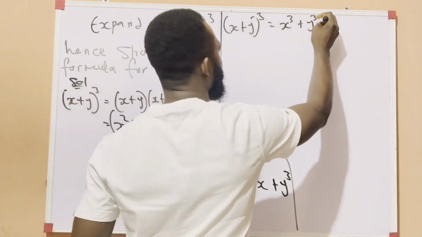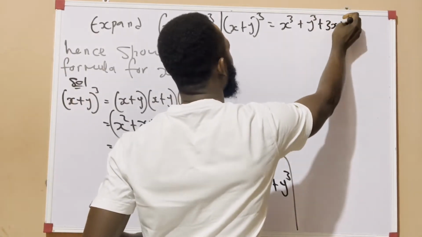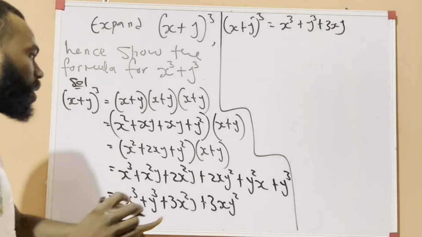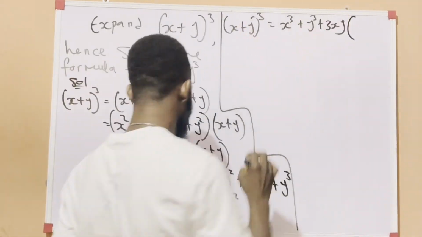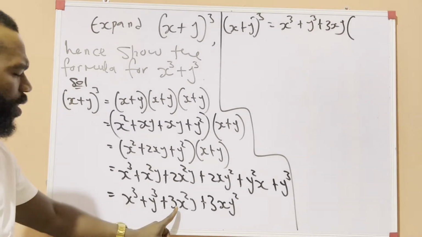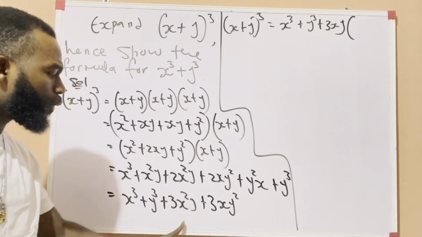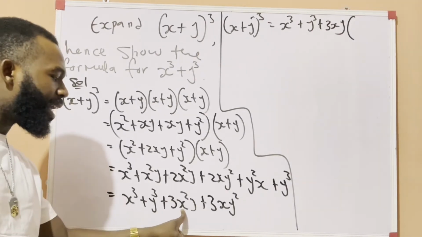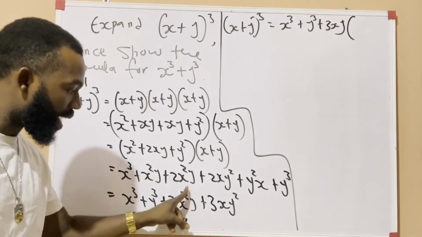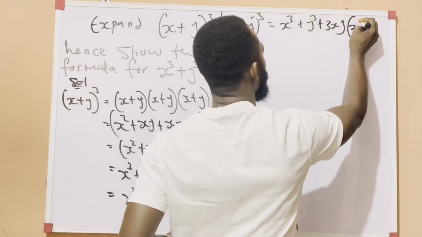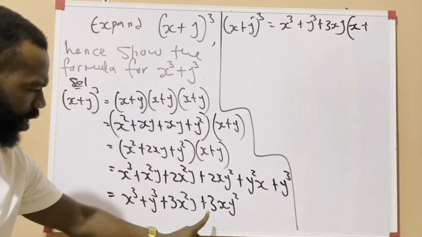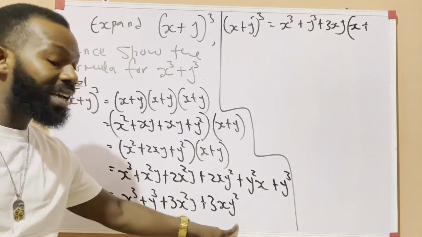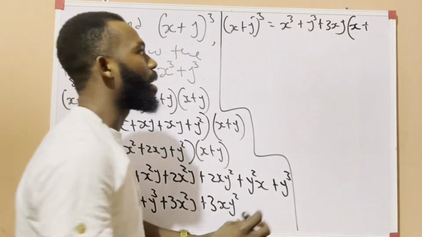So if I bring it out, 3xy, which they have in common, and then I open a bracket. Now if I take 3xy from this first expression, I'll be left with just x, because here we have x squared, so I will have x plus, now if I take 3xy away from 3xy squared, I'll be left with just y, plus y.